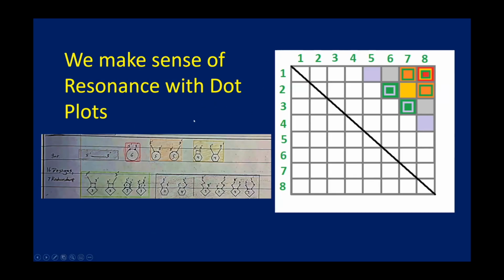And of course, the tool we have for making sense of resonance is, in fact, the dot plot. This is something that many of us have seen in the labs, but I don't know if it was obvious to everyone just what it really was showing. It shows all those structures, based on sequence and truth, that can be assumed by our RNA.